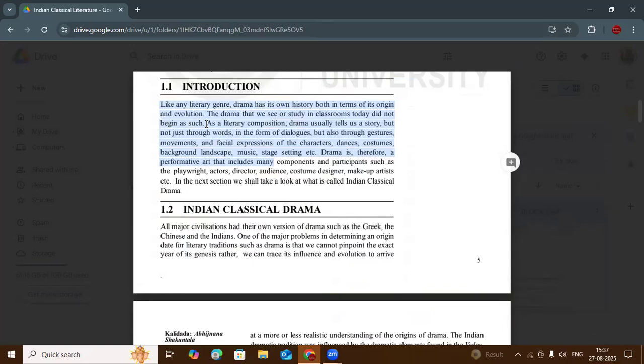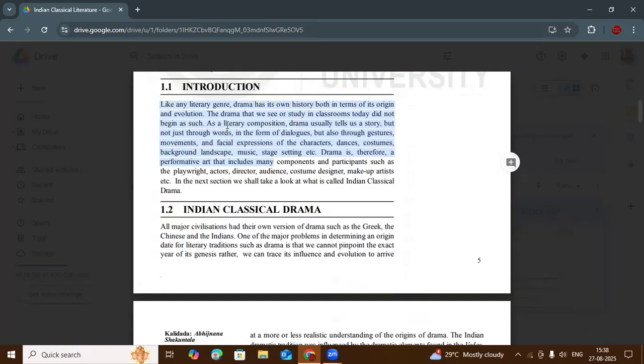Like any literary genre, drama has its own history, both in terms of its origin and evolution. The drama that we see or study in classrooms today did not begin as such.